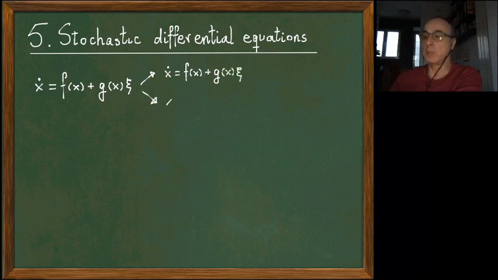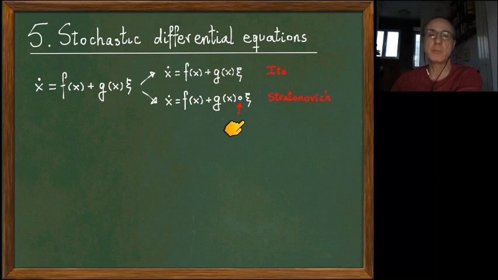Usually, in some texts, you will see that the Stratonovich interpretation is indicated by this small circle. But this is not a standard notation. Some people use it, but it is always safer to just indicate explicitly in the text. If you write a paper with a stochastic differential equation, you should say in the text whether it is interpreted as Ito or as Stratonovich.